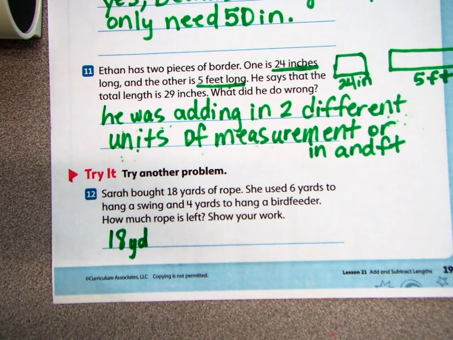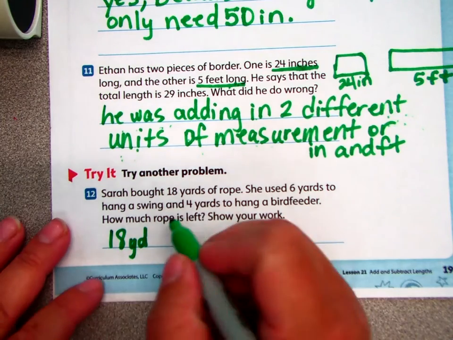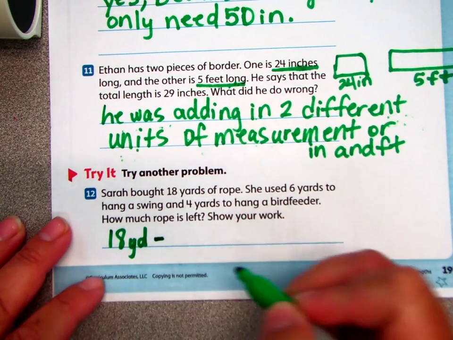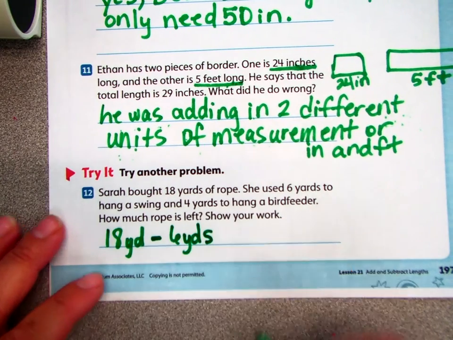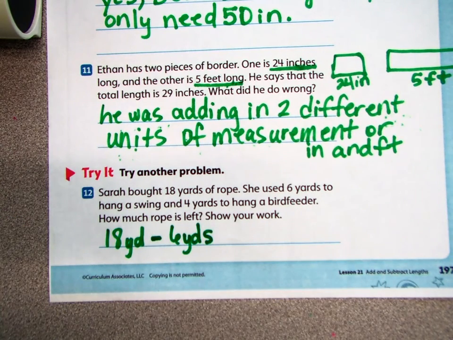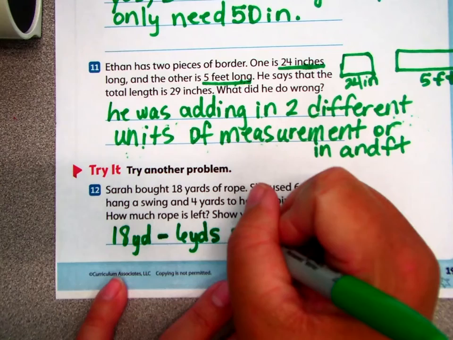If you haven't I colored those pages. I already used those pages. Okay? That would lead me to believe that we're going to subtract 6 yards here. Okay? That's step 1 of the problem. We're going to do it step by step. Okay? So I'm going to say 18 yards minus 6 yards.